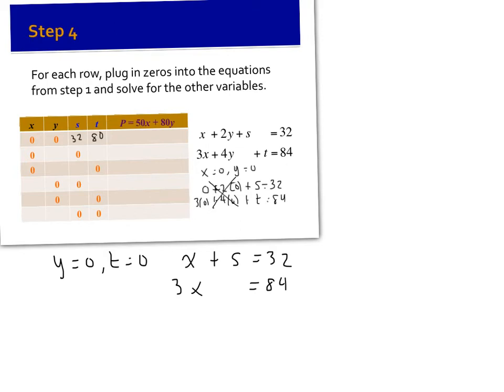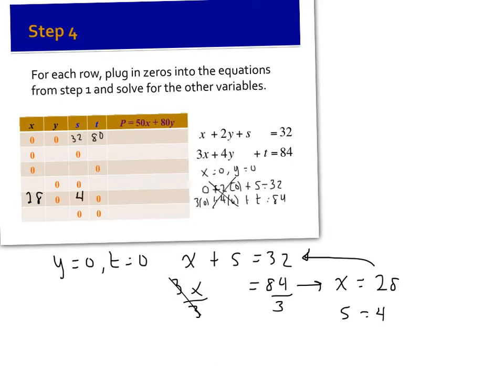I know that for this equation, x would be equal to 28. What I do is I divide both sides by 3, and I believe I get 28. And then when I plug that 28 into here, notice that that means that s is equal to 4. And so in this case, I would get x is 28 and s is equal to 4.